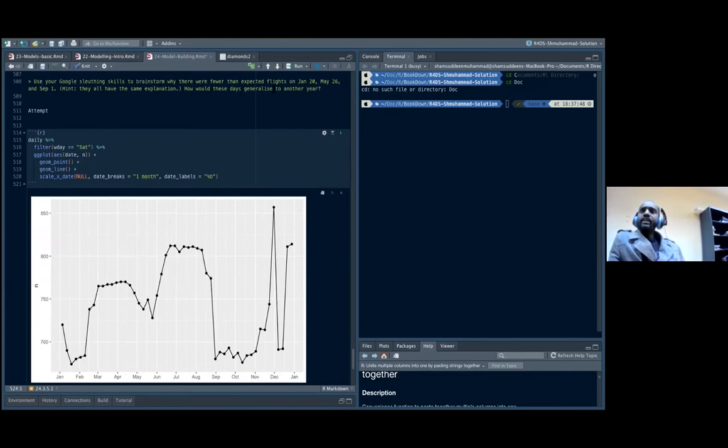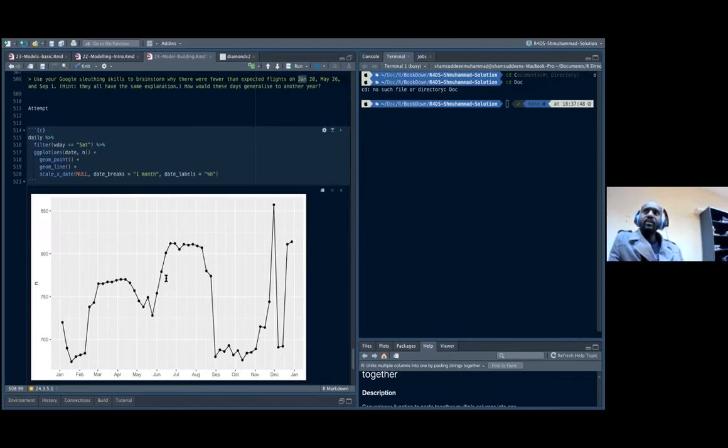How will these days generalize to another year? If we look at this one here, January 20, we have sharp 4, but this means this is a day to a holiday in US. So maybe nobody takes a flight to go to work or for travel business purpose, because the next day is a holiday.